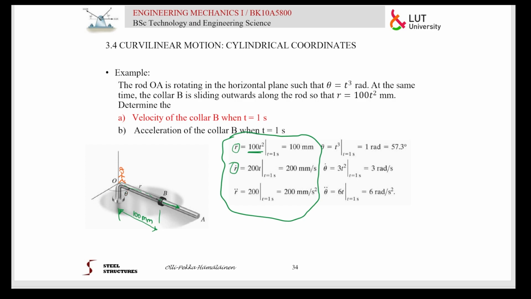So the rotation, for me, doesn't exist. If I am standing on the rod OA and rotating with the rod, then what I'm only seeing, and I want you to imagine this because this is key, is that the collar is going away from me. For the collar and me, the rotation does not exist.